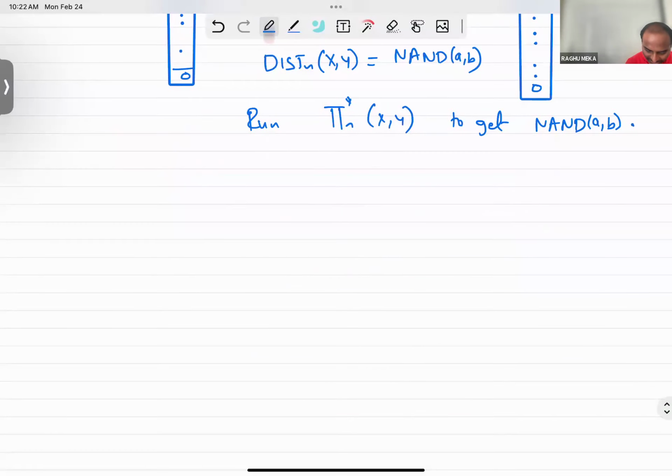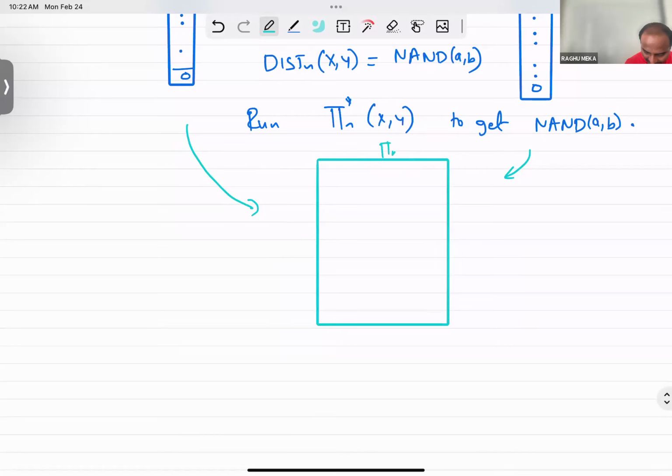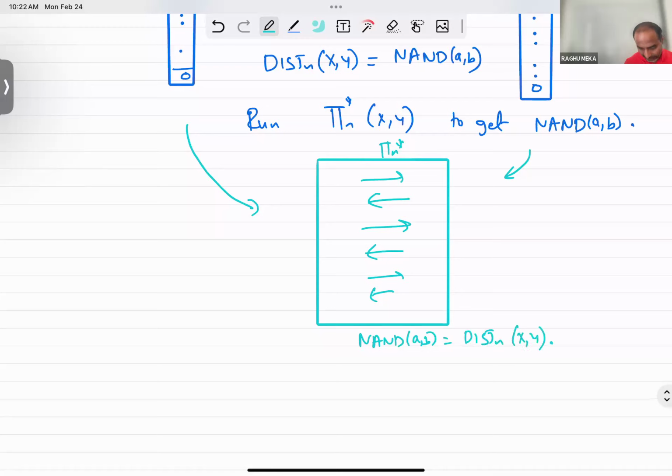So, based on this, maybe the protocol says you exchange a lot of bits, and then you end up with NAND of AB equals disjointness of x, y. Okay. This seems like it does compute the function, but in terms of information cost, do we learn anything? What do you think?